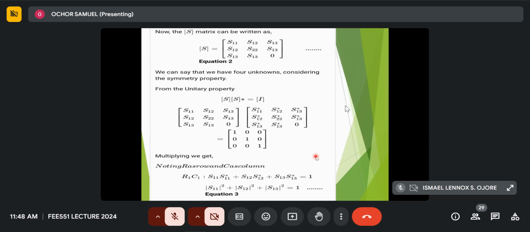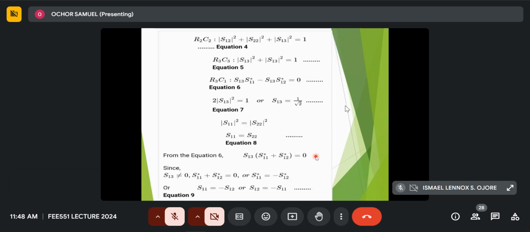So it represents row 1 column 1, which is S11 multiplied by its complex conjugate, plus S12 multiplied by its complex conjugate, plus S13 by its complex conjugate, and you get 1 from the identity. Then we take the magnitude, we get equation 3.